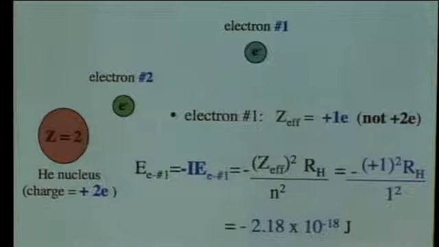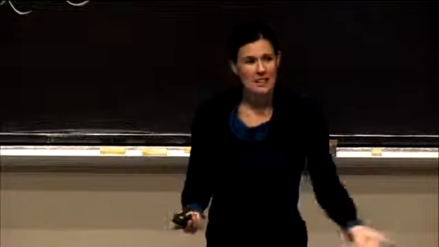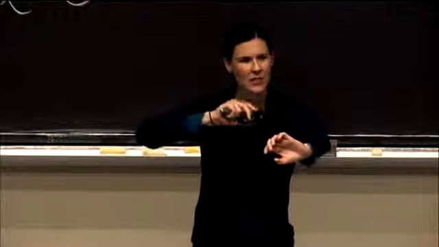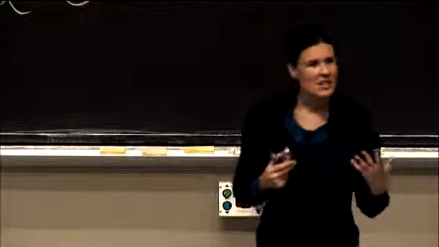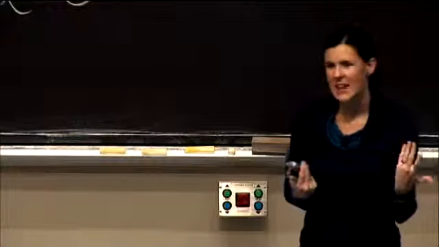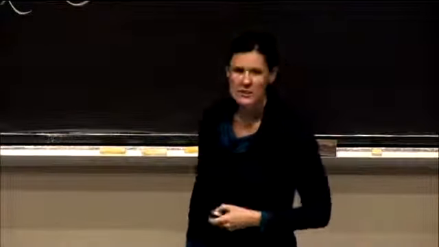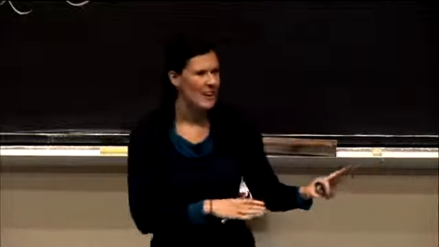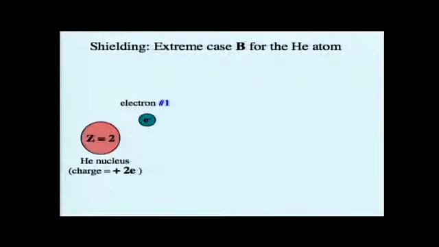We would expect our binding energy to be -2.18 times 10 to the -18 joules. This is actually what the binding energy is for a hydrogen atom. And in fact, that makes sense because in our extreme case where we have total shielding by the second electron of the electron of interest, it's essentially seeing the same nuclear force that an electron in a hydrogen atom would see.